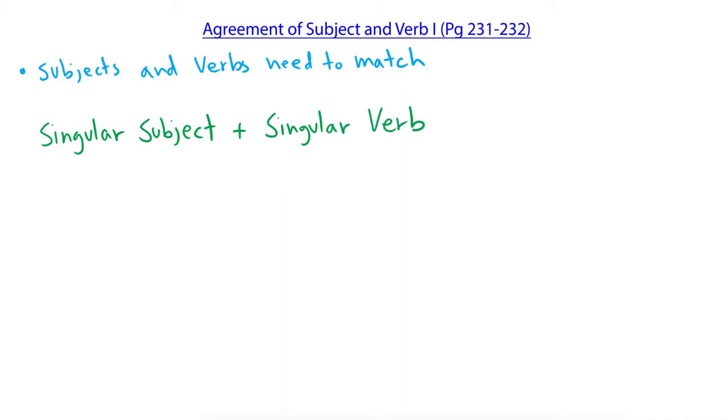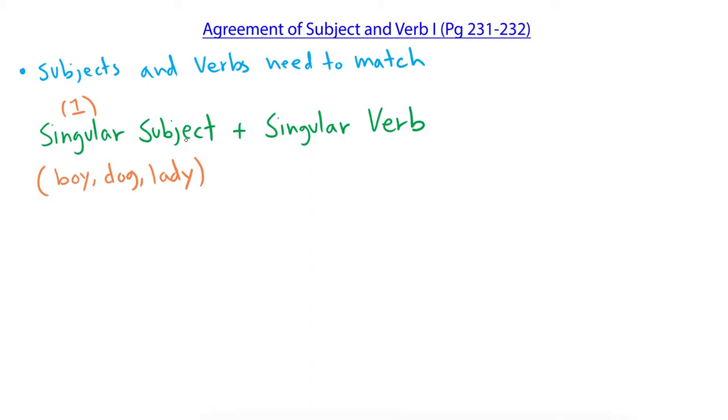For example, examples of a singular subject are boy, dog, and lady. Okay, so remember singular means one. One, all right? So one subject, one person, place, or thing.